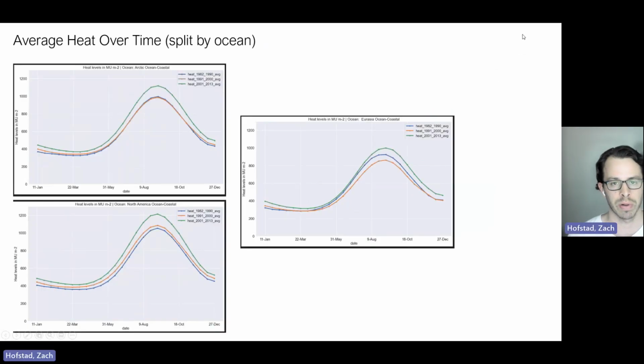Visualizations were a critical component in understanding this data. These visualizations show a time series approach by year. And as you can see, the 2001 to 2013 time interval was the warmest time period for all three oceans.